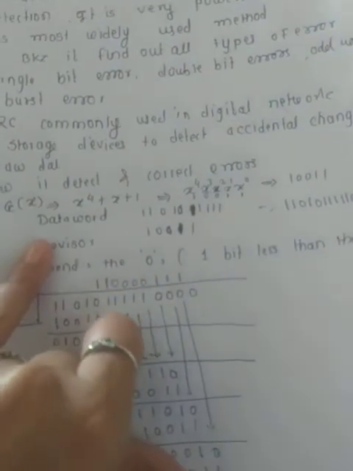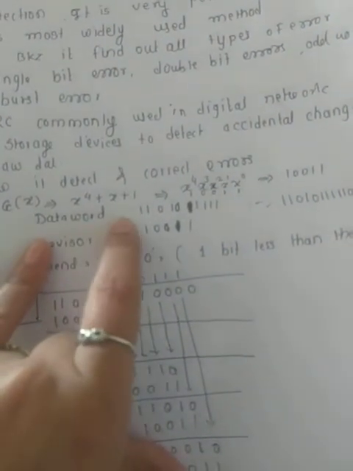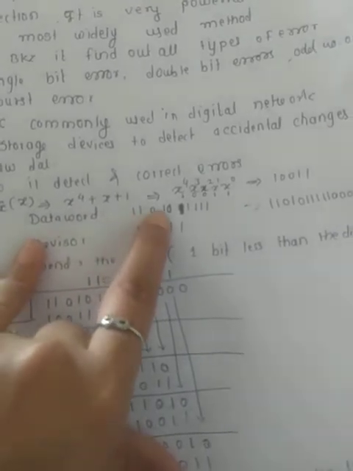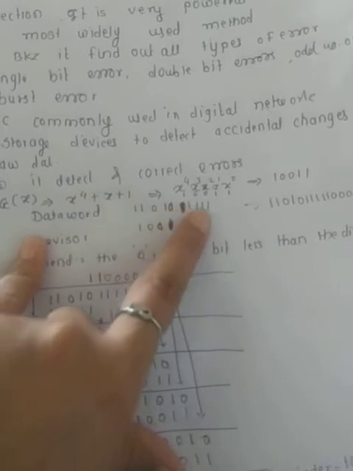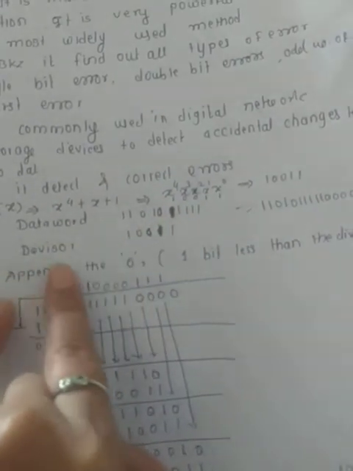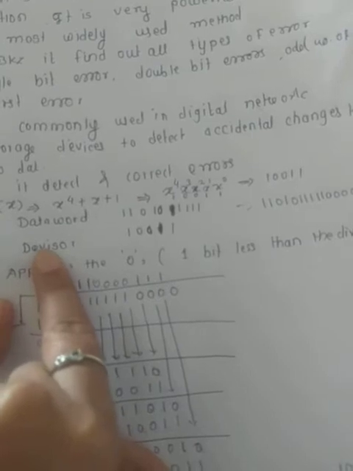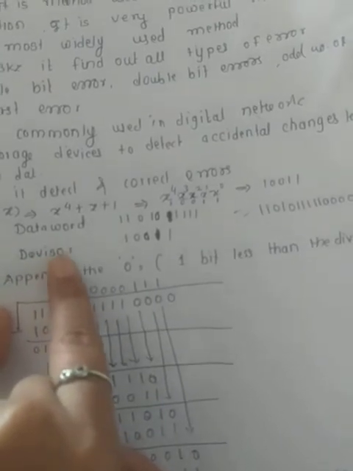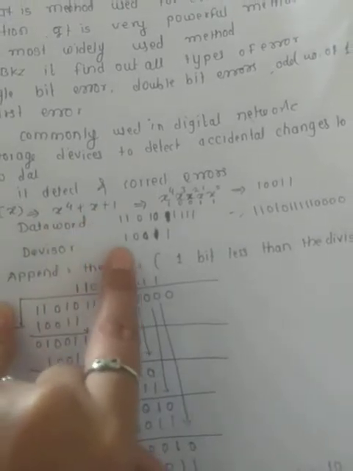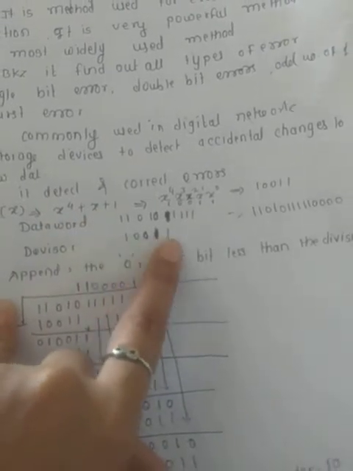The data word, that is the data transmitted by the sender, is given here as 1 1 0 1 0 1 1 1 1 1. So it is used as the data word. The divisor we obtained from the generator polynomial equation is 1 0 0 1 1.